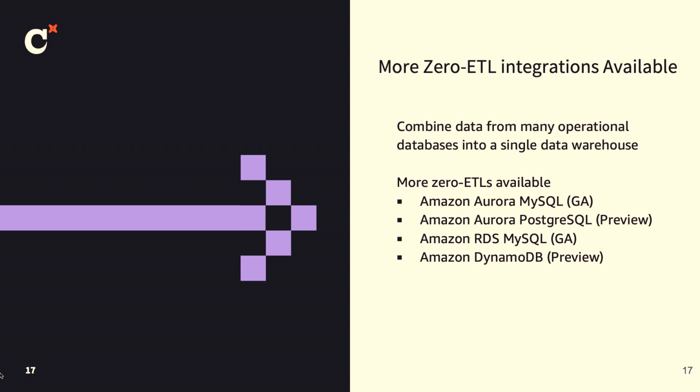What is the difference between DMS and zero-ETL? We are using DMS right now to solve the same purpose: our source table is in RDS, and we are just loading into Redshift. So why do we need to switch? So the question is, what is the difference between DMS and zero-ETL?